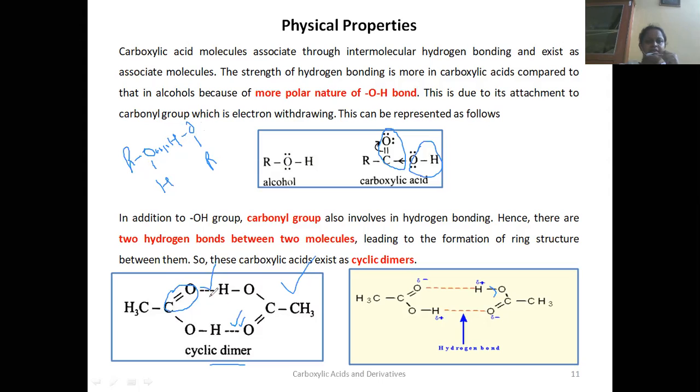But we can see two hydrogen bonds between molecules of carboxylic acids. We can see this association and dimeric forms in the difference in the boiling points of alcohols and carboxylic acids. Okay, let us see here.